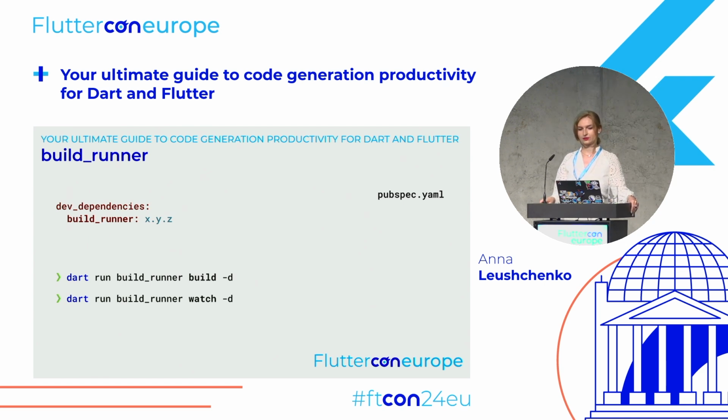And it also supports watch mode, which monitors the file system and instantly updates output files as soon as the input files change. Watch mode is useful for when developers are actively working on some package. And the -d parameter here is short for delete-conflicting-outputs. It is a recommended one. It silences prompts that Build Runner may show when it meets generated files it believes it didn't create.